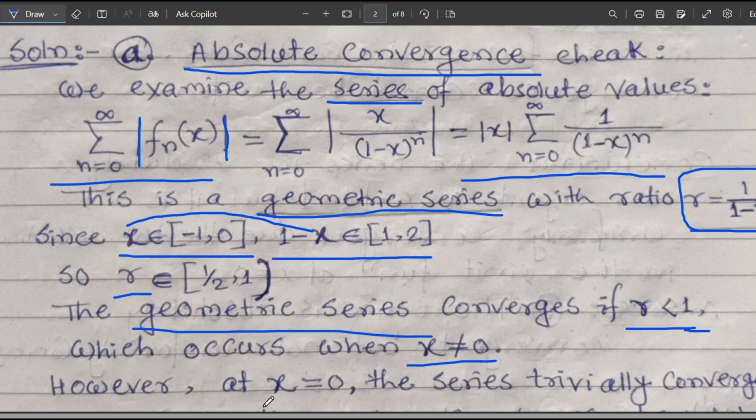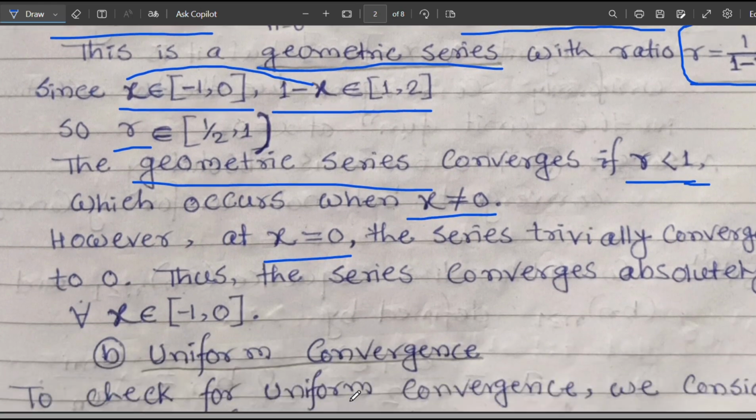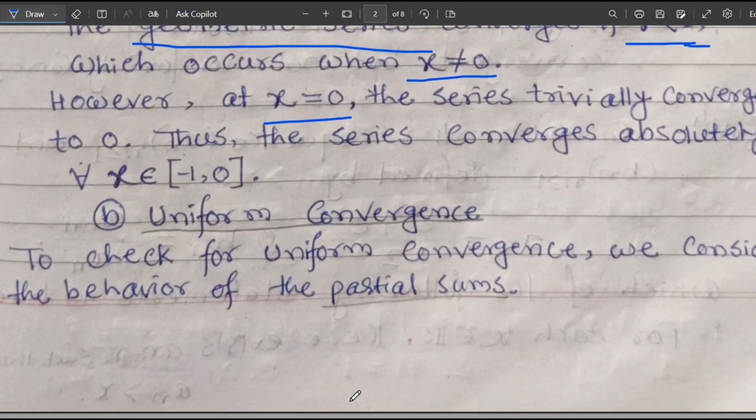However, what about x equal to 0? When x is 0, the series trivially converges to 0. This is because the series depends on mod x; when mod x is 0, everything goes to 0.